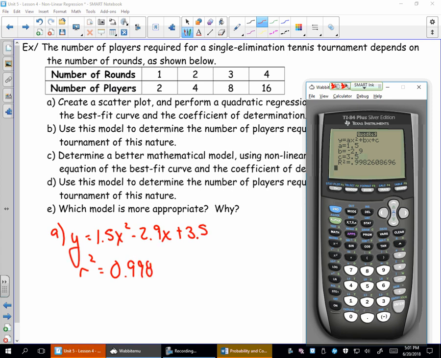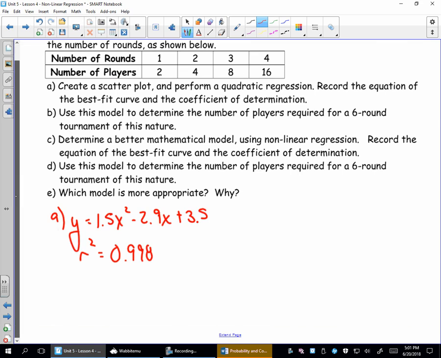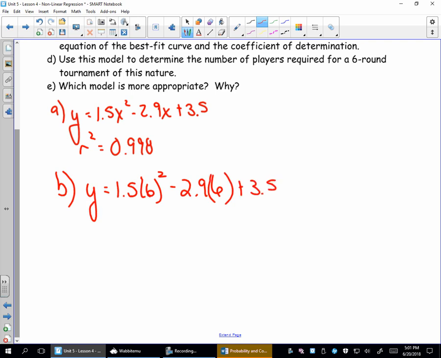Okay, part B, let's use this model to determine the number of players required for a 6-round tournament of this nature. So if we have 6 rounds, that means x is 6. And we'll type that into our calculators. I got 40.1 players.